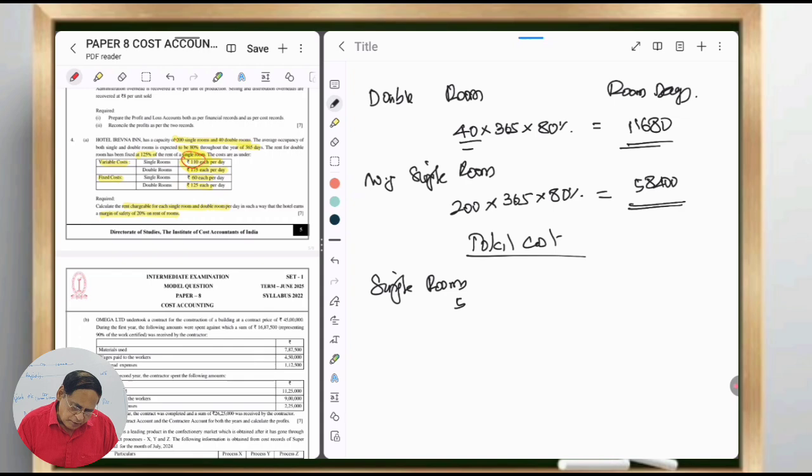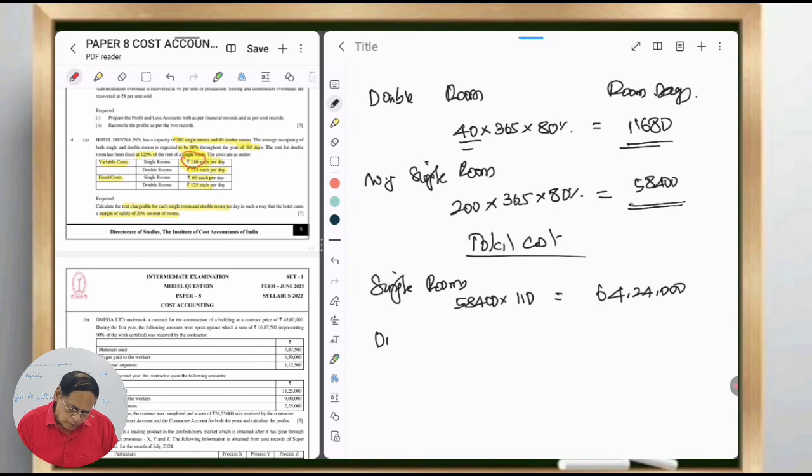So total number of single room days, 58,400 into 110, that is 64 lakhs 24,000.